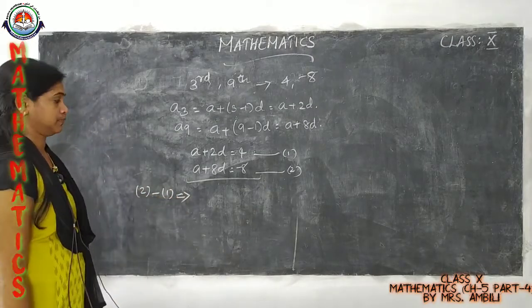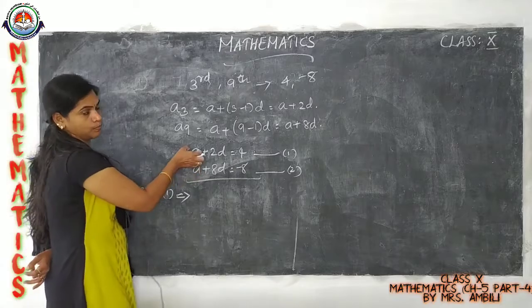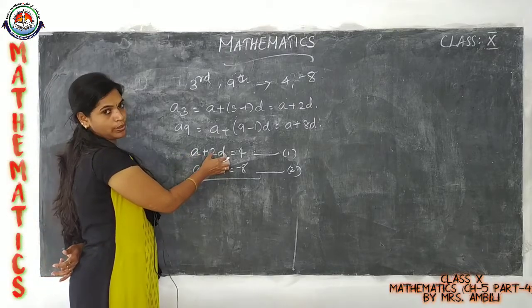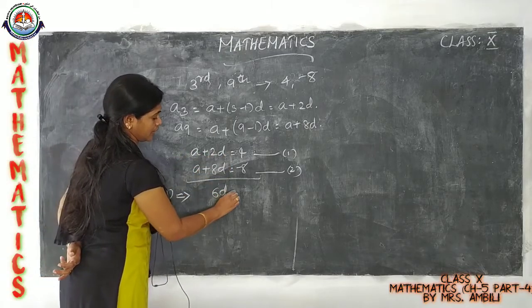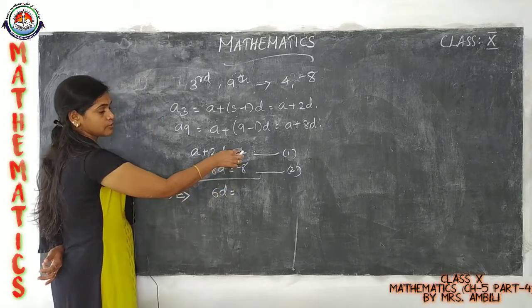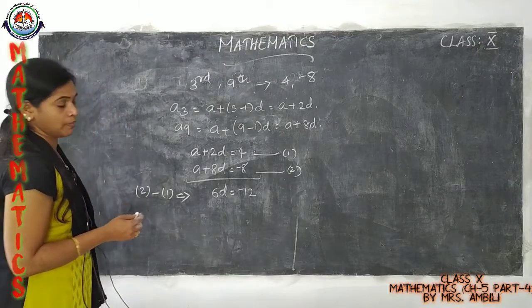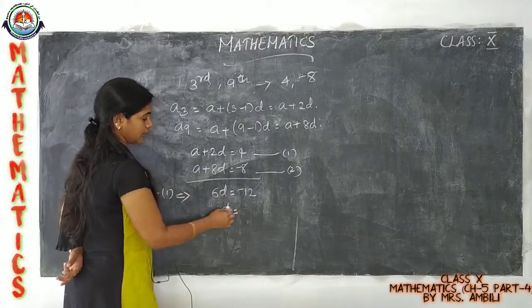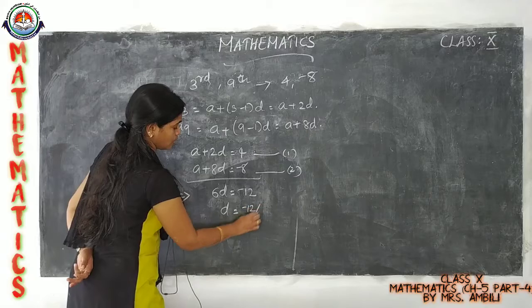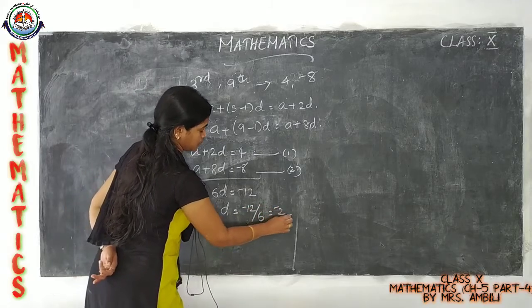Equation 2 minus 1. a minus a 0. 8d minus 2d, 6d equal to minus 8 minus 4, minus 12. So 6d equal to minus 12. Then what about d? d equal to minus 12 by 6 equal to minus 2.